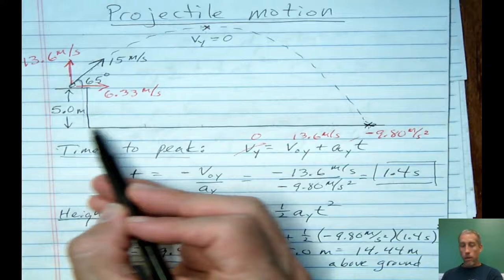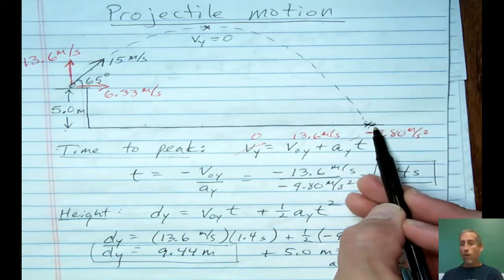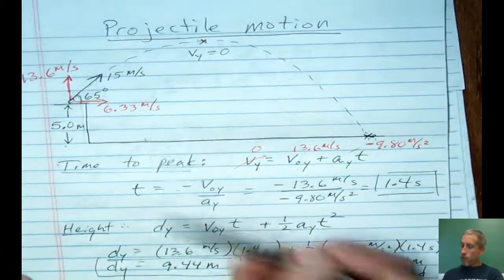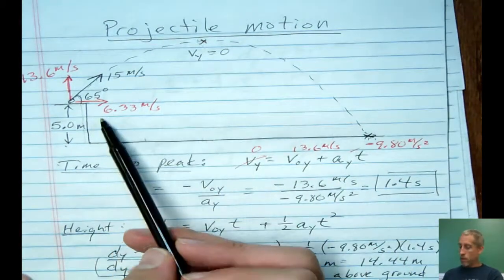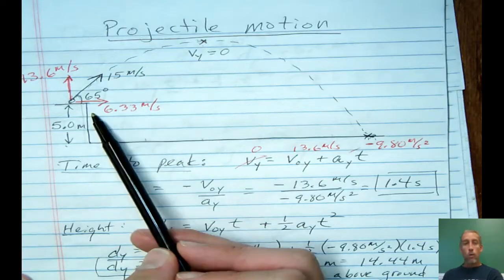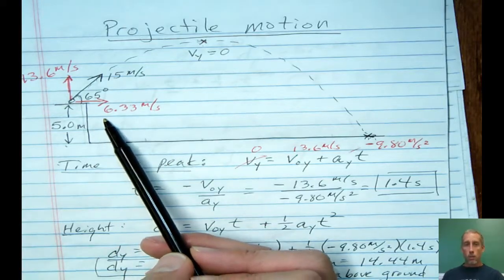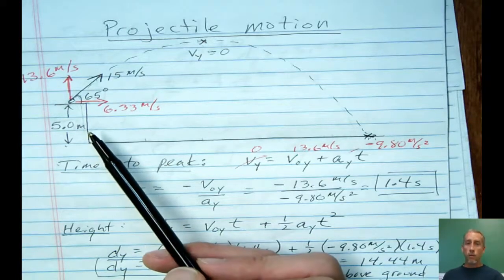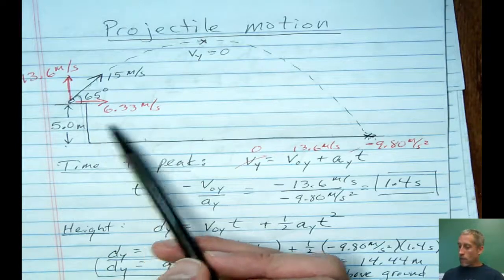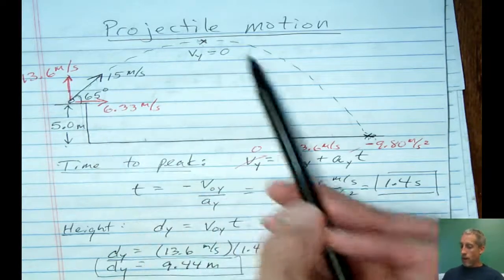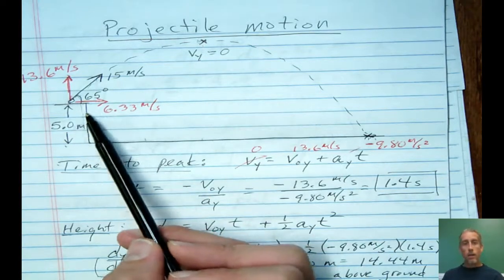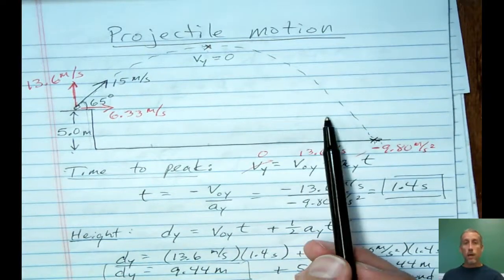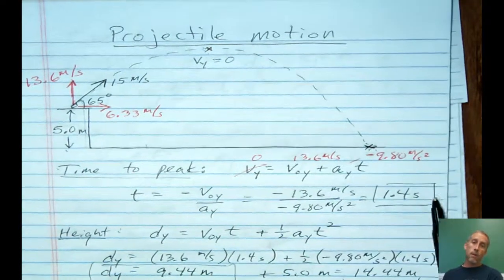So what we're finding is from the launching point to the landing point, how far will that have gone? And this is the first time and only time in this problem where I'm going to use this horizontal velocity. I mentioned before the independence of perpendicular vectors. It doesn't matter the fact that this is going up and down. It's still maintaining the same 6.33 meters per second rightward the entire time it's in the air.